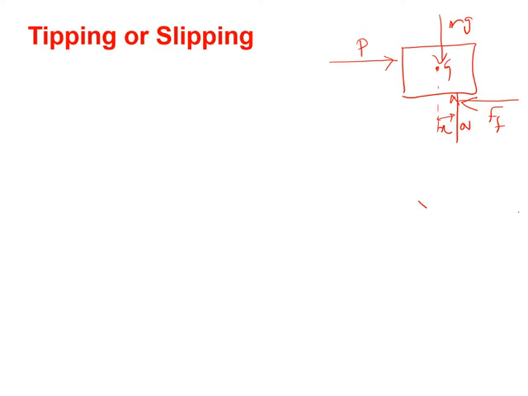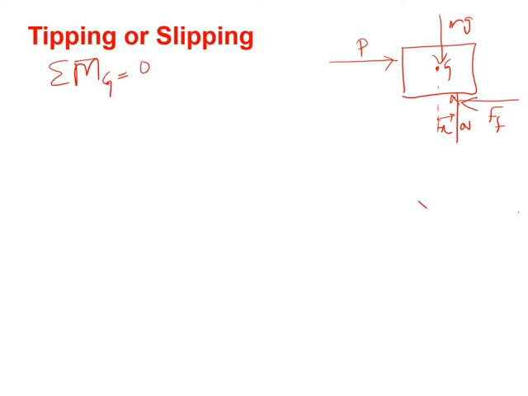On the previous slide, we discussed how we can identify the nature of the problem, either the static problem or the dynamic problem. Now, for the case of the dynamic problem, the body will either slip or tip. So, to identify whether the body will tip or slip, the condition is to apply sum of the moments about point G equal to 0.